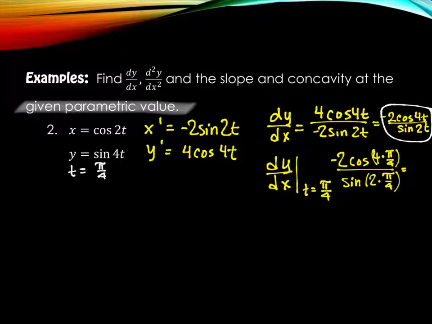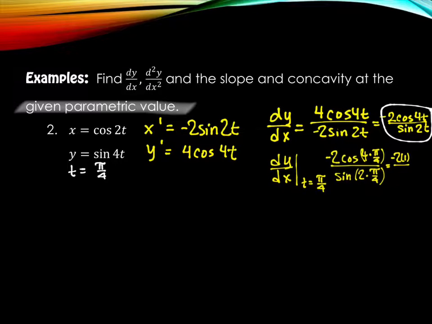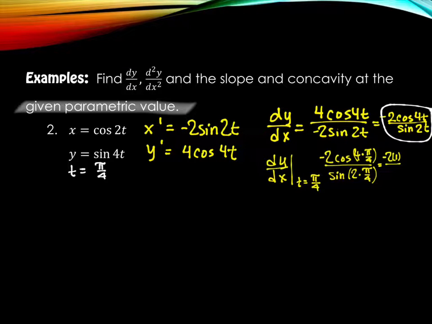It's negative 1, and I have the negative 2 in front, so I have negative 2 times negative 1. How about sine of, and then pi over 4 times 2 would become pi over 2. Okay, negative 1. We have the cosine of pi. Yep. Negative 1. That good? Okay.